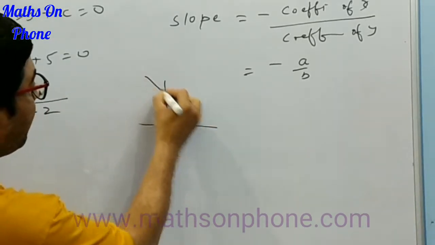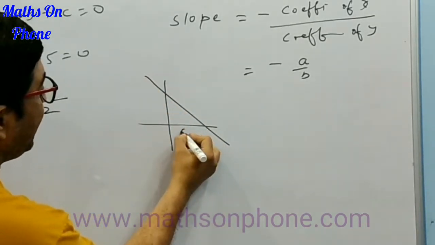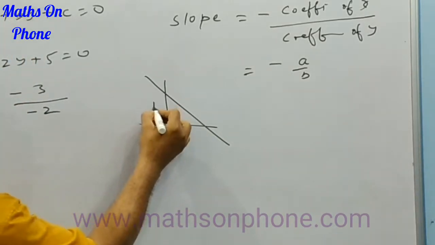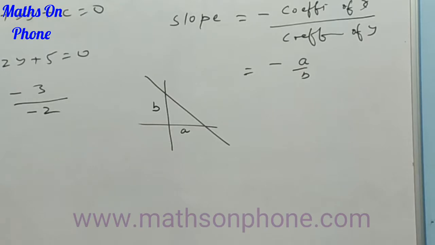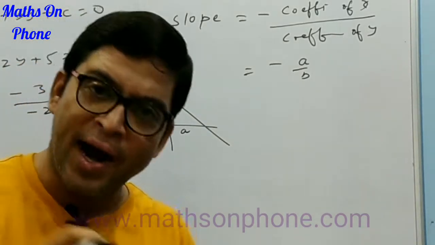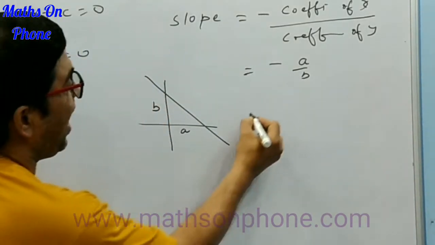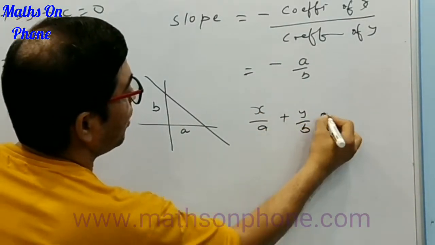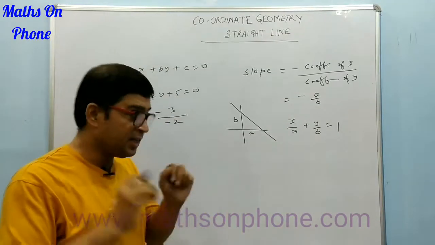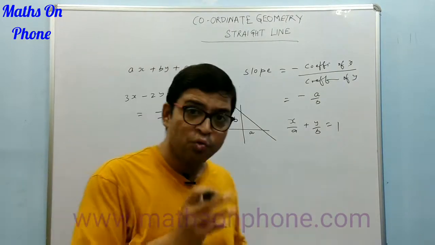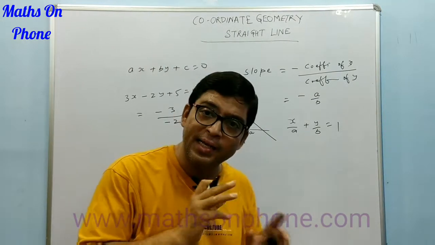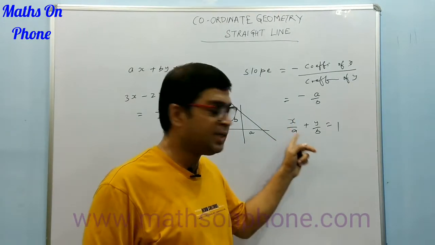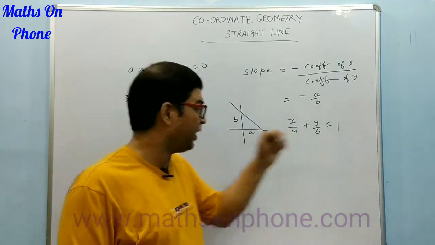If we know that a line is making an intercept of a on x-axis and b on y-axis, we can straightforward write the equation of straight line as x by a plus y by b equal to 1. This is intercept form. How can we make use of that? We can easily find the intercepts if somehow we represent the straight line in the form like this.